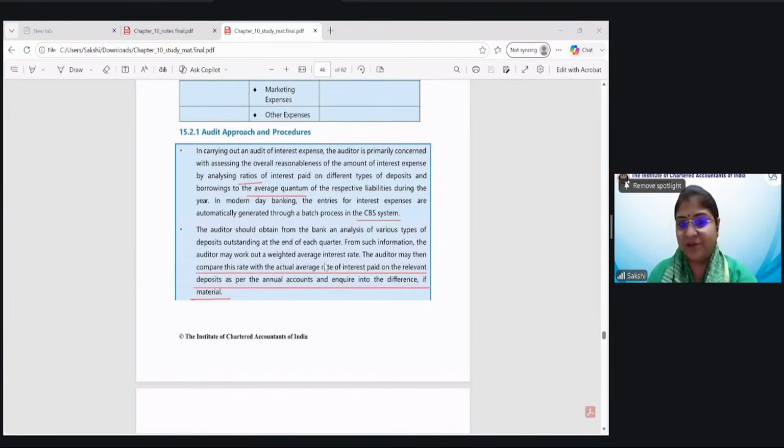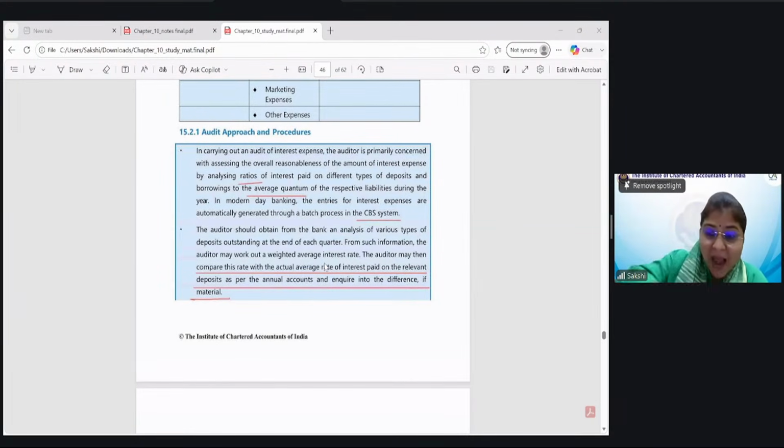Next, the weighted average. The auditor should obtain from the bank an analysis of various types of deposits outstanding at the end of each quarter, like we said, 800 CR and 200 CR. From such information, the auditor may work out the weighted average interest rate.